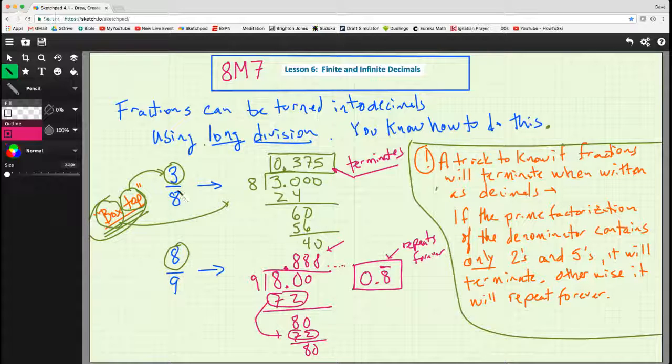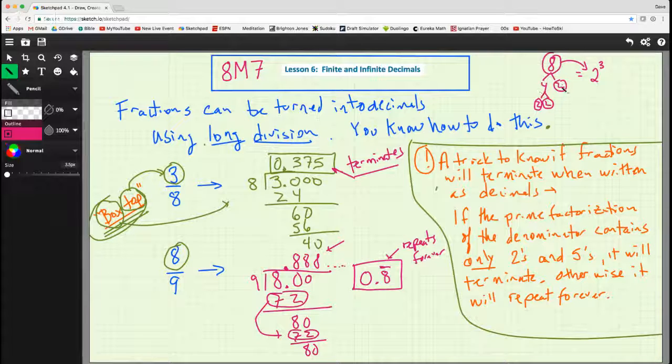So let's see. We know that this should terminate because we're going to do a prime factorization of this 8. If we take a prime factorization of 8, we get 4 and 2, and then 2 and 2. So 8 is equal to 2 to the 3rd. So this prime factorization of 8 contains only 2's.